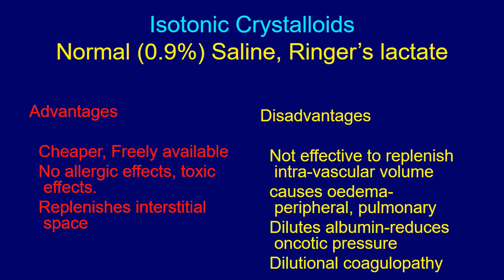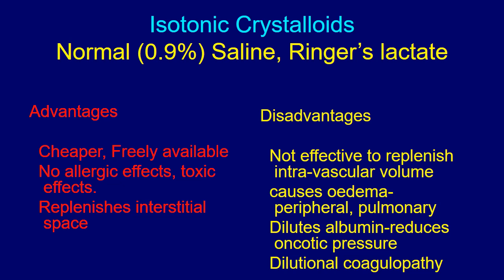You go to any ward, normal saline is available, and they have basically no allergic effects and no toxic effects. When you infuse normal saline or Ringer's lactate, they will initially be in the intravascular compartment, then they will spill over to the interstitial space, and thereby isotonic crystalloids can be used to replenish the interstitial space.